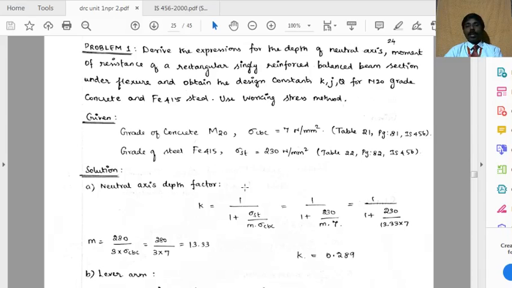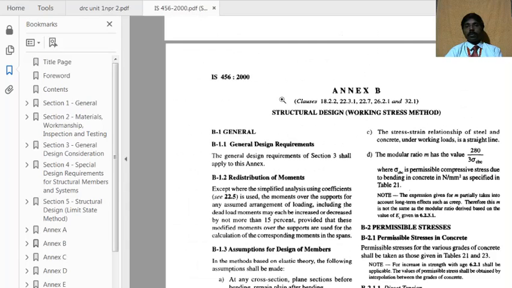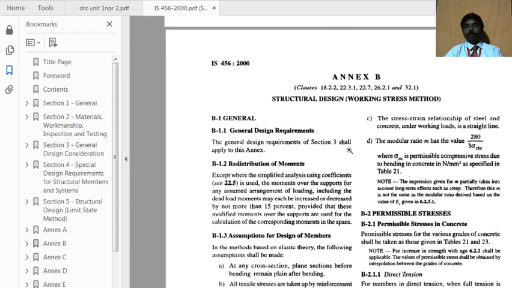The first step: the given parameters are grade of concrete and grade of steel. From that, we have to find out the permissible compressive stress of concrete and the permissible tensile stress of steel. For that, we have to refer to Table 21, on page number 81 of IS 456. This is IS 456-2000, Annexure B, which is exclusive for the working stress method.